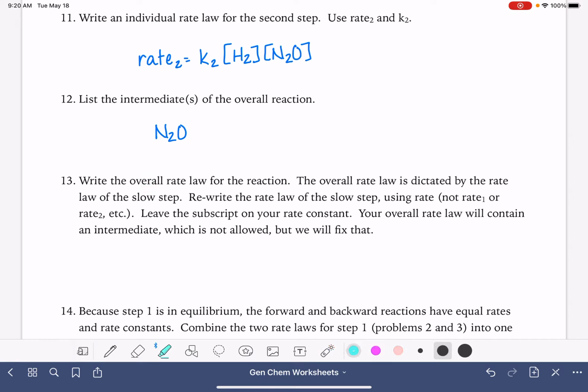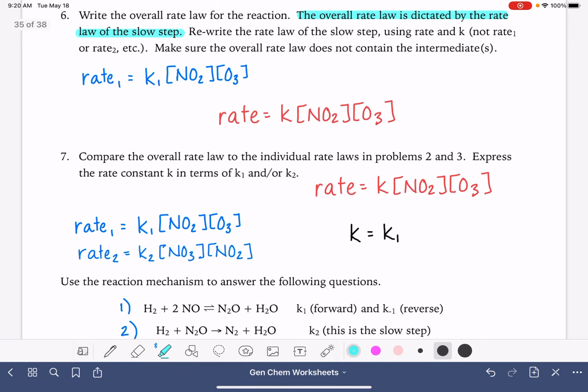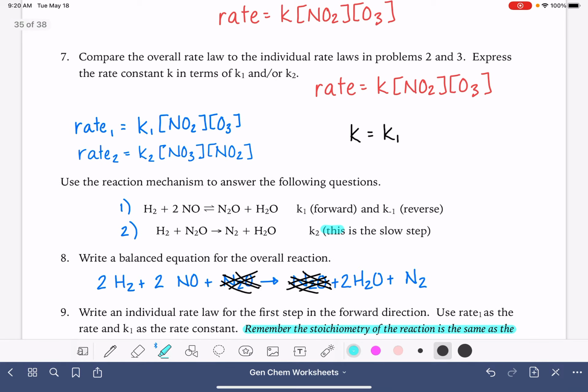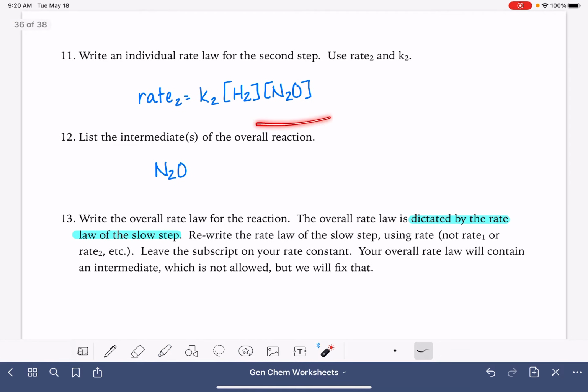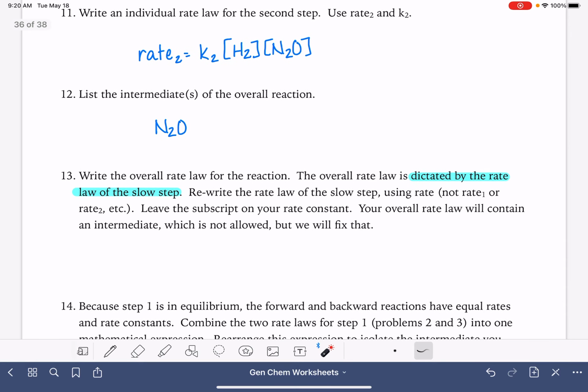The overall rate law is the one that corresponds to the slow step. So to do this, we have to go back and figure out which step is slow. Slow step is going to be step number 2. Here is our individual rate law for step number 2. And because we're doing this for the overall step, we want to write rate.